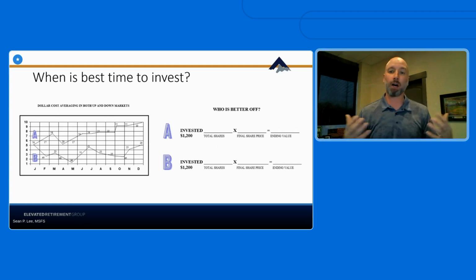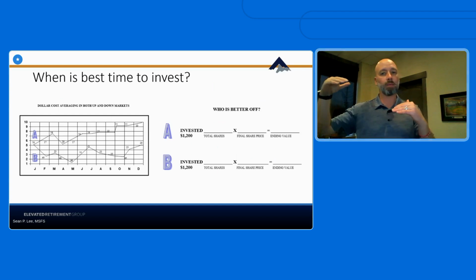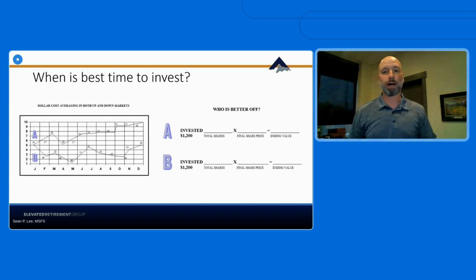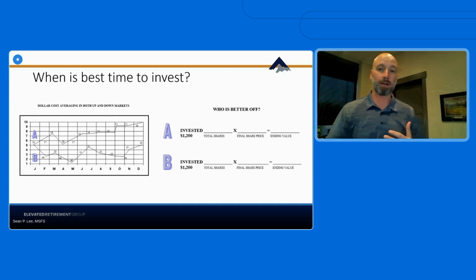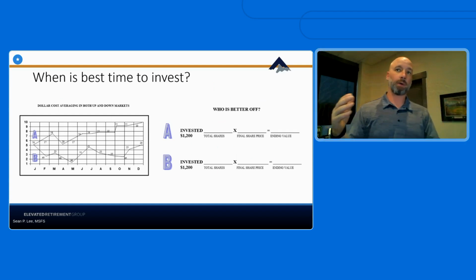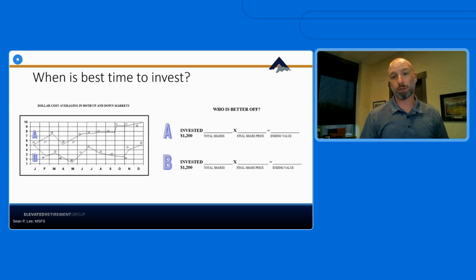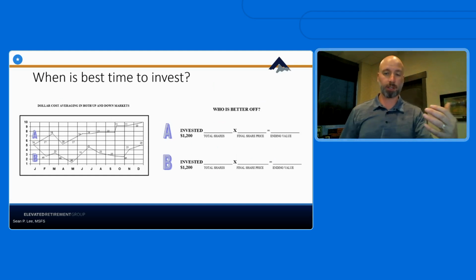If they're investing $100 a month, as stock prices go up, they're only able to buy 10 shares if the stock price is $10 a share, whereas when it started the year, the stock price was $5 a share, and they were able to get 20 shares.